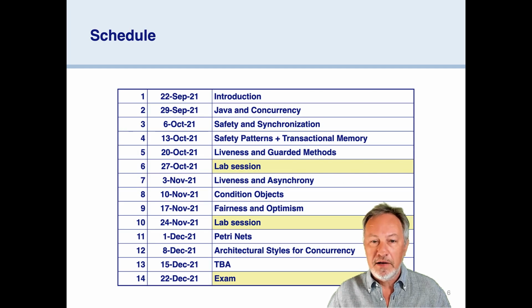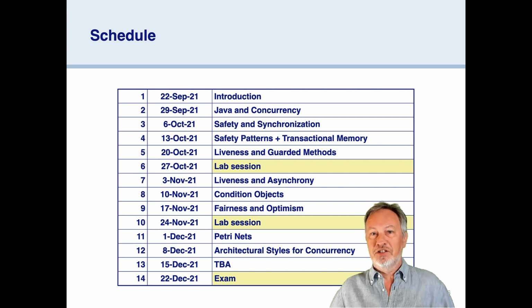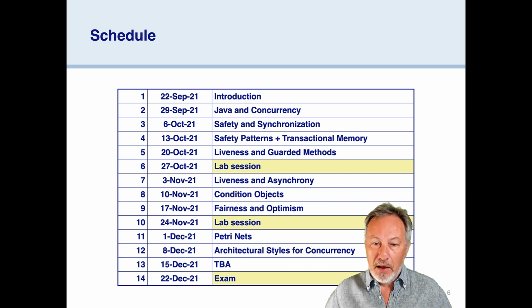Here we see the outline of the course. So here we are today at the introduction. Next week, we're going to dive into how concurrency is supported in the Java programming language. And then we'll proceed and have a closer look at safety and synchronization. We'll also dive into some design patterns which are intended to guarantee safety, and also look at how transactional memory can help us to build safe designs.